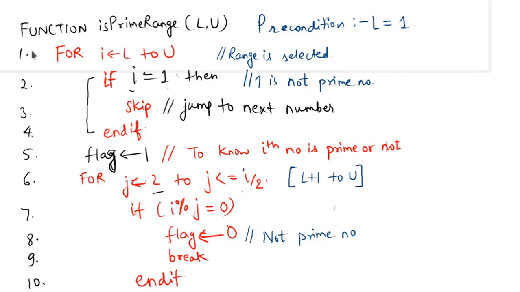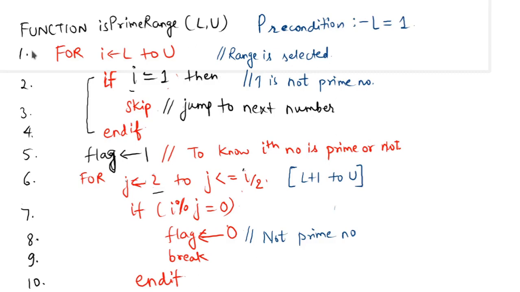If that number has a factor, then the flag will be set to 0 and that number will not be a prime number. Whenever the flag value remains 1, that number has to be printed.